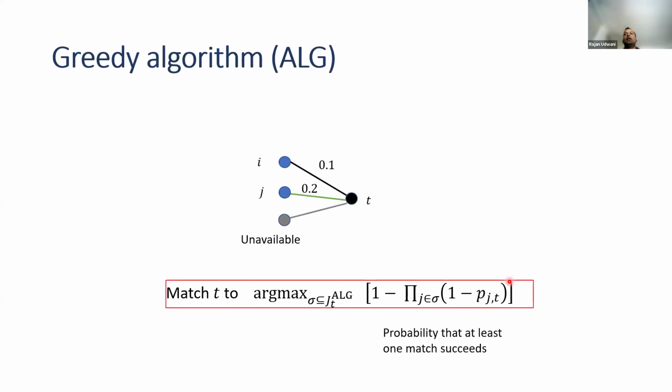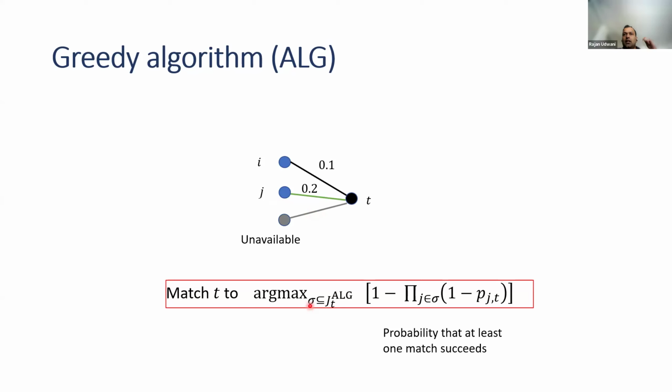All right, so the greedy algorithm for this will try to find the best sequence of resources that it should try to match to T. There could be many different complications here, in the sense that I could have some constraints on what kind of sequence I pick and so on and so forth.